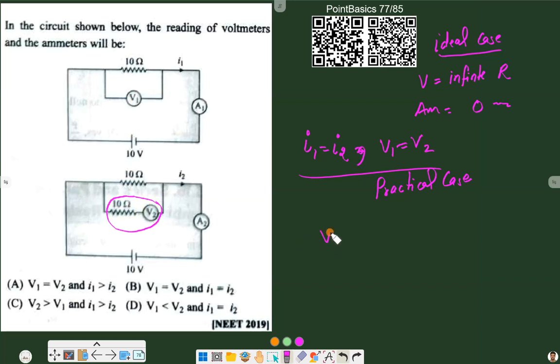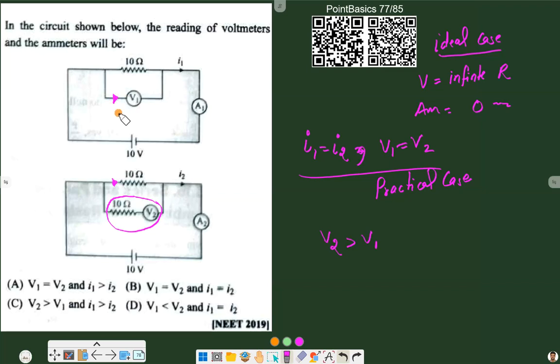So for the practical case, V2 will be greater than V1, and as the resistance of this lower path is higher, more current will flow through this part. Compared to V2, the resistance of V1 is smaller, so there will be more current flowing through this.